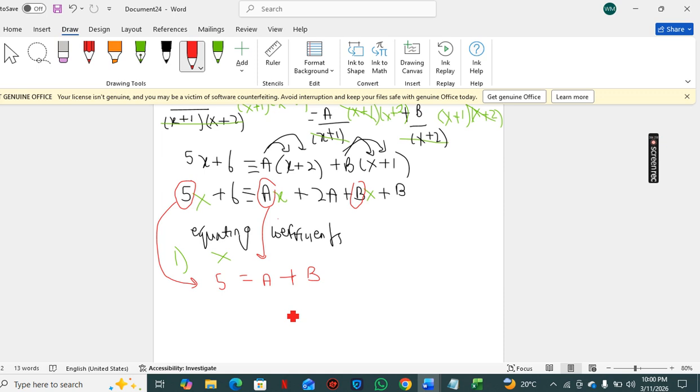Next, any questions? I hope we are not lost. I hope we'll attempt this question in the exam. It's 8 marks.